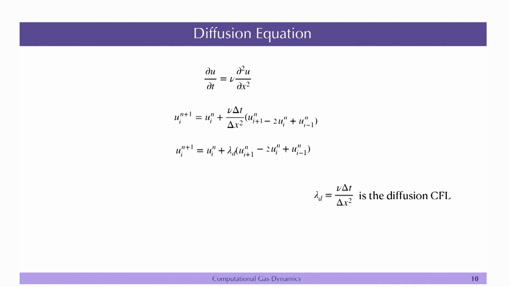Now, we looked at the convection, let us look at the diffusion equation. What we will be doing is take convection first, then we will go to diffusion, and then we will mix them, so we will have convection-diffusion.